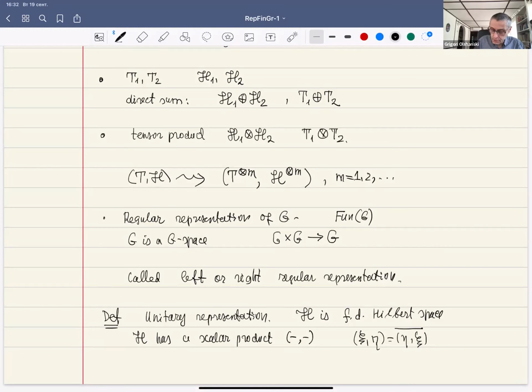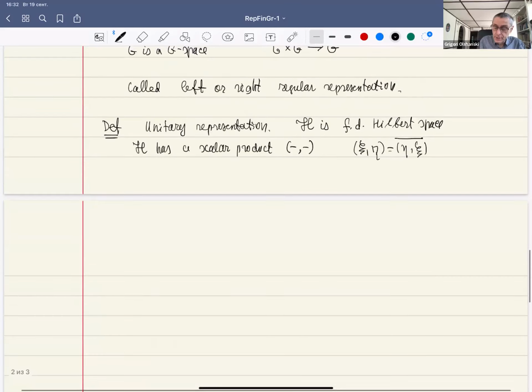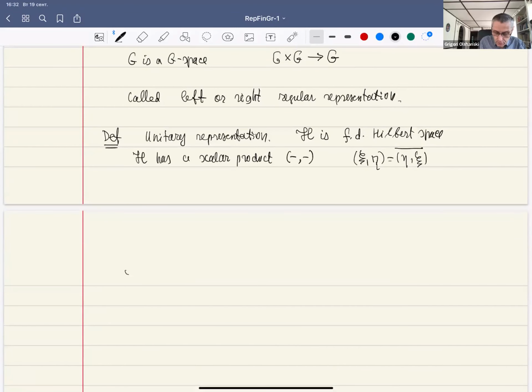And of course, it also should be positive, and non-degenerate means that the scalar product of psi with itself is zero happens only if psi is equal to 0. So this is pure linear algebra.